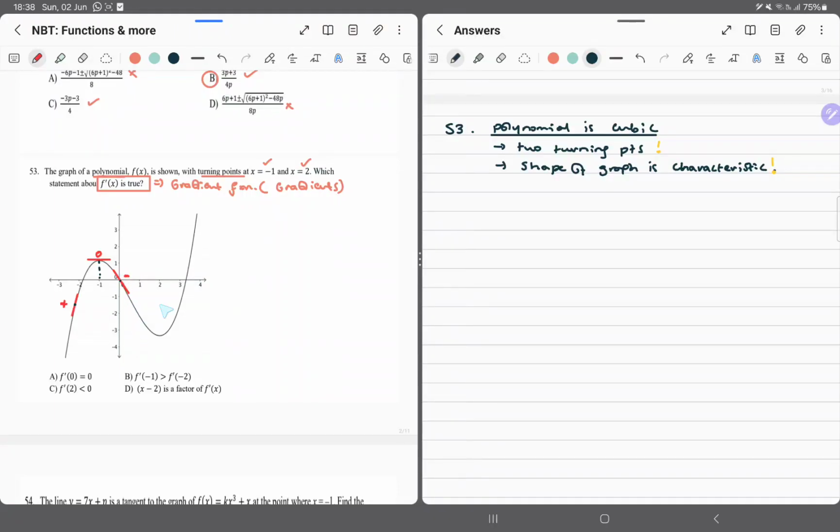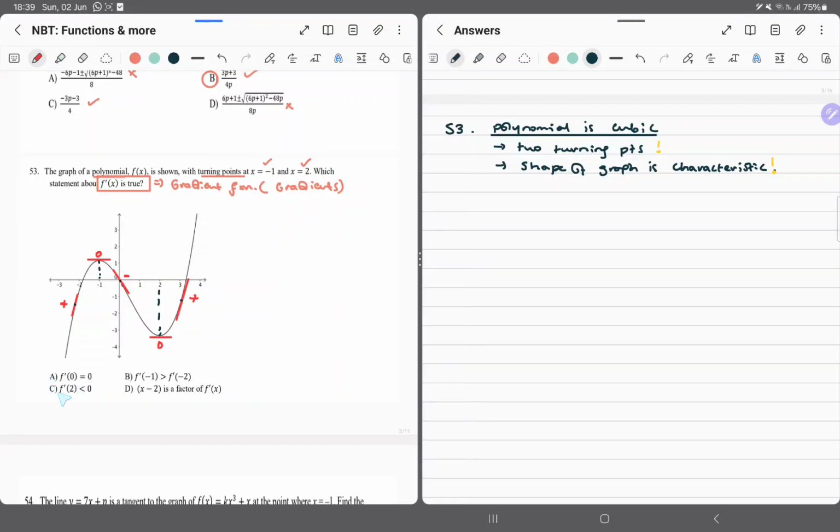It's negative, and it continues as such until x is 2, where a local tangent is literally a horizontal line again. So that's a value of 0. And then on the other side, you see that the gradients become positive again. So it says now the first derivative when x is 0 is equal to 0. That's not true. It's actually negative rather than 0.